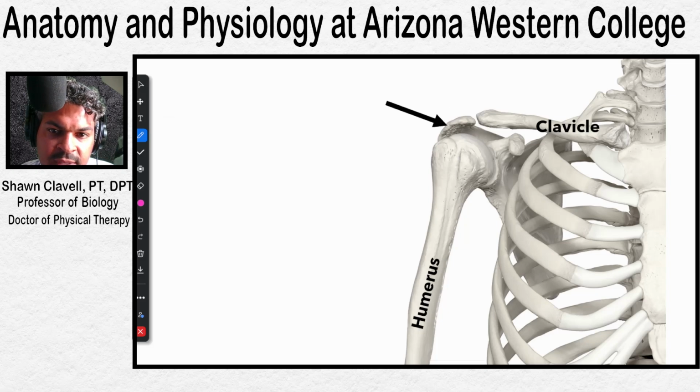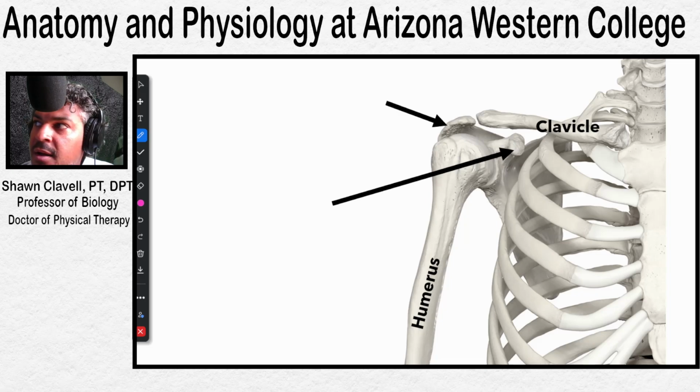There's a portion of it that's sticking out, and there's another portion of the scapula right there. These are actually two processes of the scapula. You can see the scapula kind of pokes its way out and around into there. But for the most part, from the anterior part, you can see two parts here.